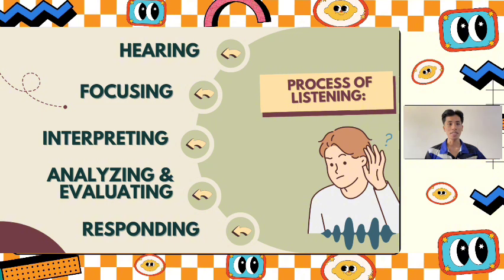The fourth one is analyzing and evaluating. This is a more critical level of listening. It involves going beyond simply understanding the message to assessing its validity, logic, and implications.